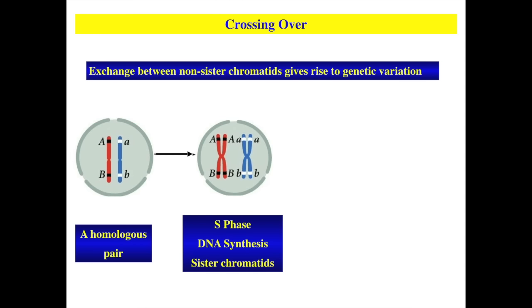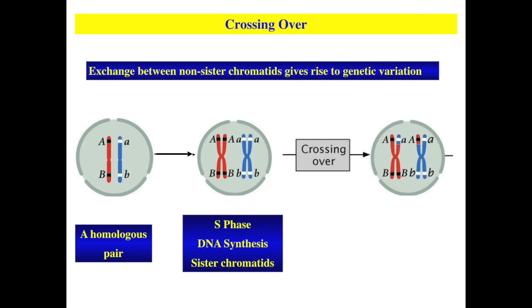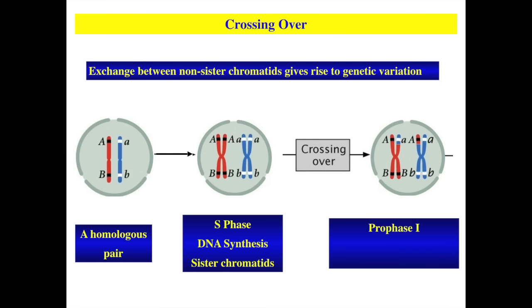This is a duplication of each of the chromosomes, but is still connected at the kinetochore. Then crossing over occurs. This is done by the synaptonemal complex during prophase 1, and non-sister chromatids recombine their DNA.